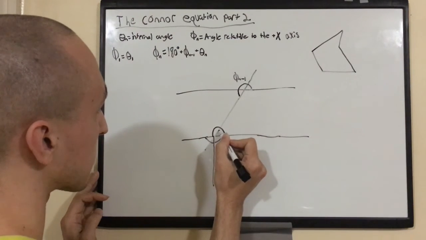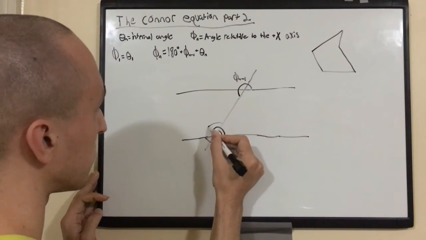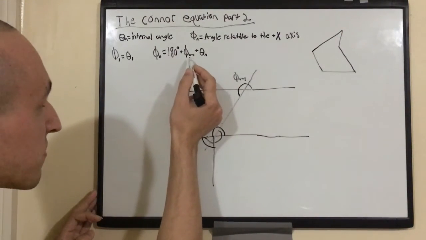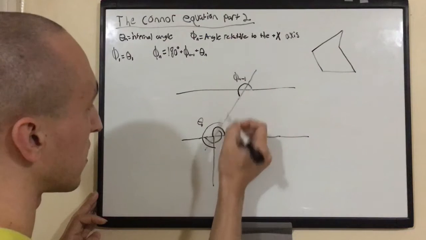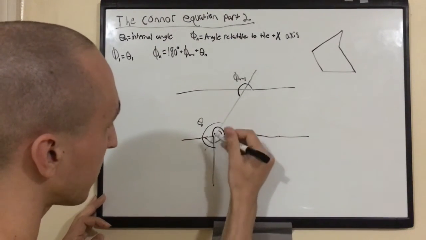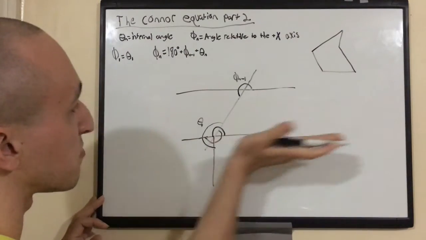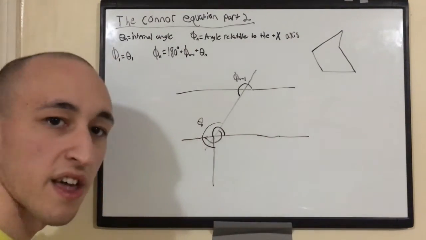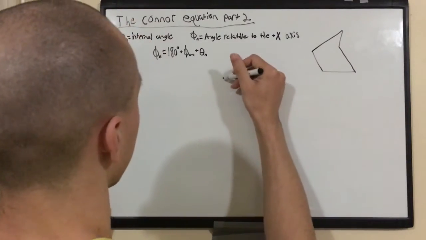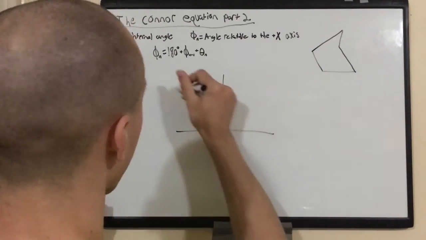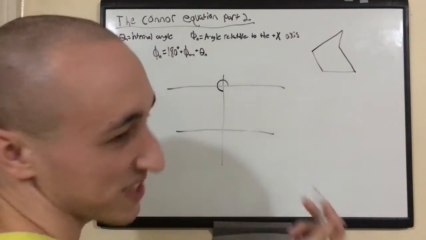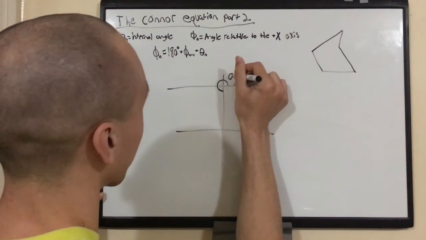That takes us to this side, and then the interior angle, theta n. 180 plus phi n minus 1 plus theta n, and that gets us the angle of this side relative to the positive x-axis. Now, for 270 degrees, I didn't forget, it's the same thing.